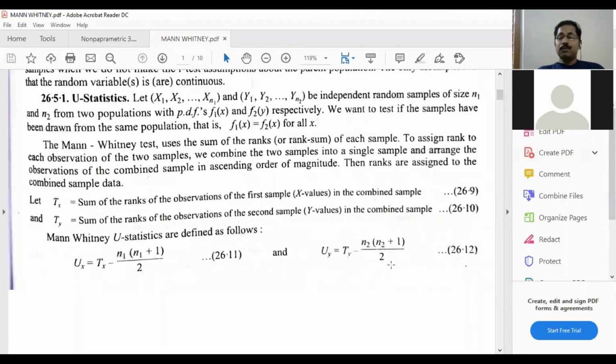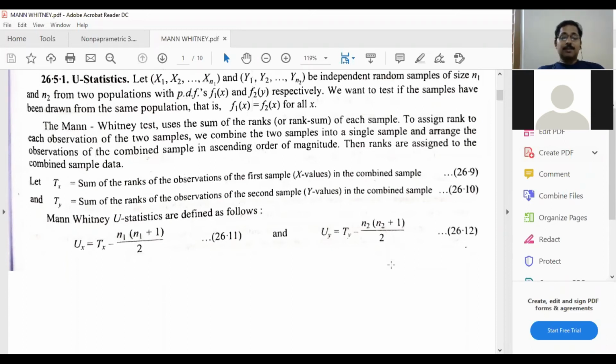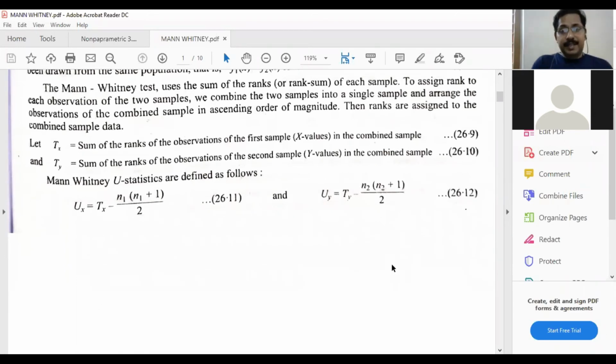Then find the positive ranks and negative ranks, following the technique of the Wilcoxon sign rank test. Here let Tx be the sum of the ranks of the observations of the first sample, the x values, and Ty the sum of the ranks of the observations of the second sample.